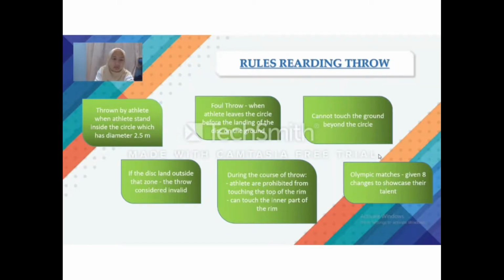An athlete cannot touch the ground beyond the circle. If the athlete leaves the circle before the landing of the disc on the ground, it will be considered a full throw. In the Olympic match, each athlete is given 8 chances to showcase their talent. There is a particular boundary for landing of the disc. If the disc lands outside that zone, then the throw is considered invalid.